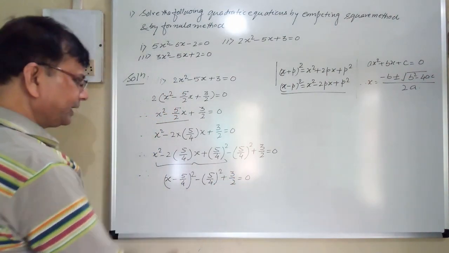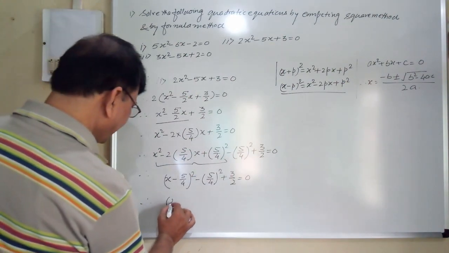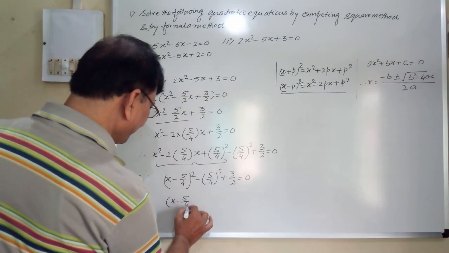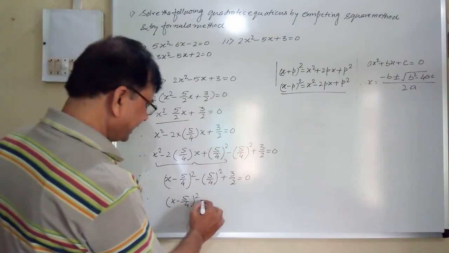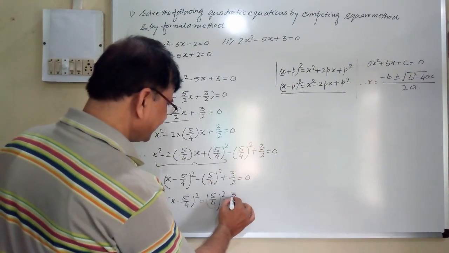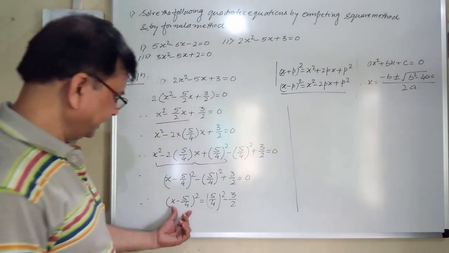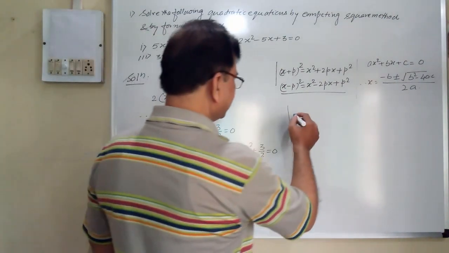Transfer all the constant quantities to the right hand side. Therefore x minus 5 by 4 whole square is equal to 5 by 4 whole square minus 3 by 2.